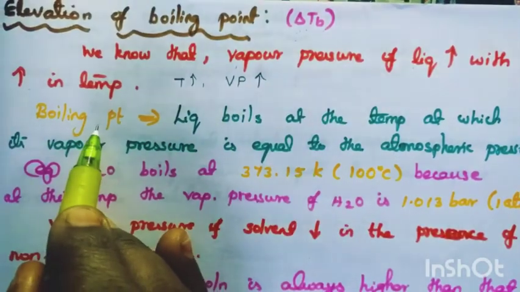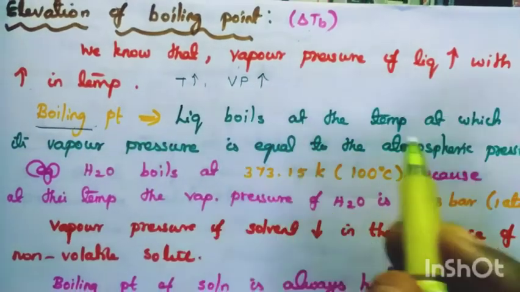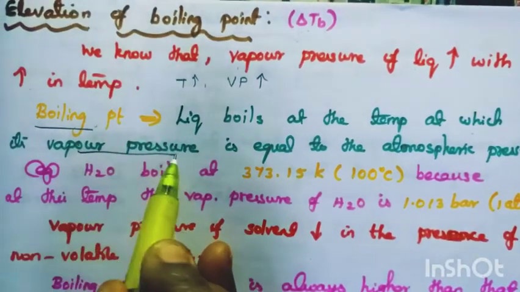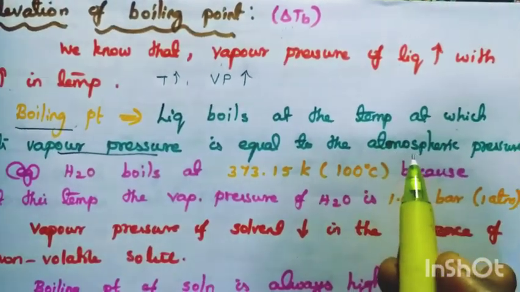So what is the boiling point? When a liquid boils, that is the temperature at which the vapor pressure is equal to the atmospheric pressure.